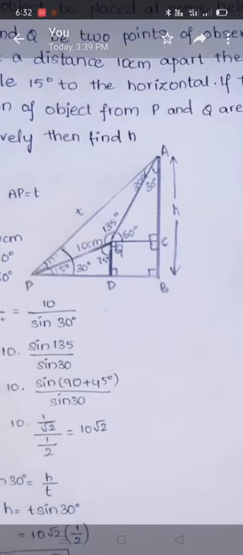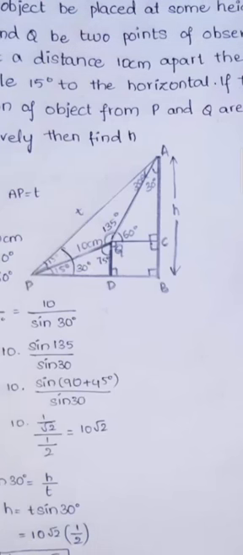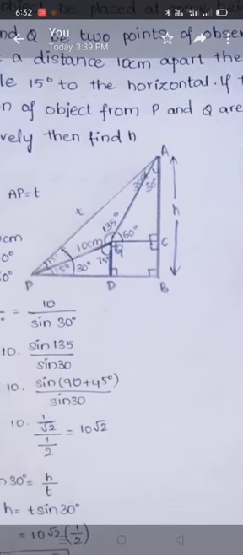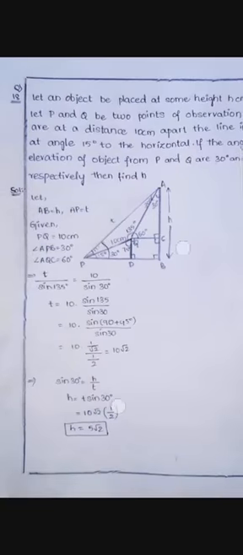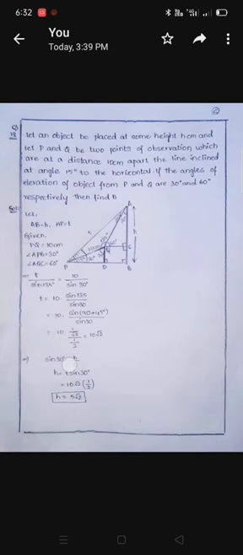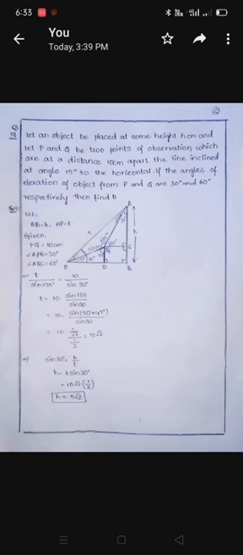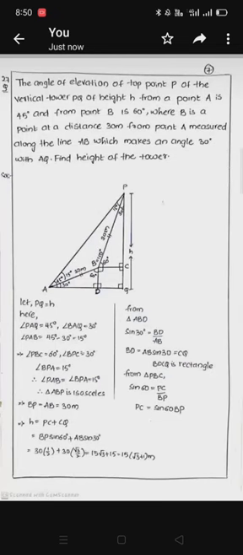Sine 30 degrees is equal to the opposite side AB bar, that is H, divided by the hypotenuse AP bar, that is T. So sine 30 degrees is equal to h by t. As we found, the t value is 10 root 2. H is equal to t into sine 30 degrees. Substituting 10 root 2 in place of t, the value of h is 5 root 2.